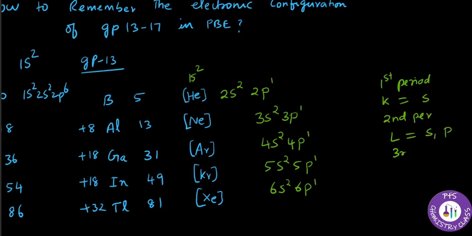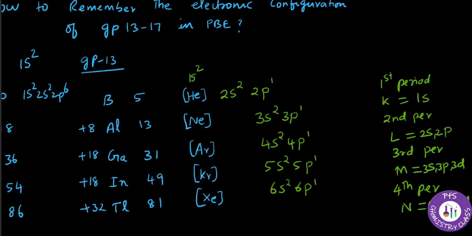In the third period you will have the M shell with 3 orbitals. And in the fourth period you will have the N shell with 4 orbitals. This will be 1s, this will be 2s, 2p, this will be 3s, 3p, 3d, and this will be 4s, 4p, 4d, 4f.